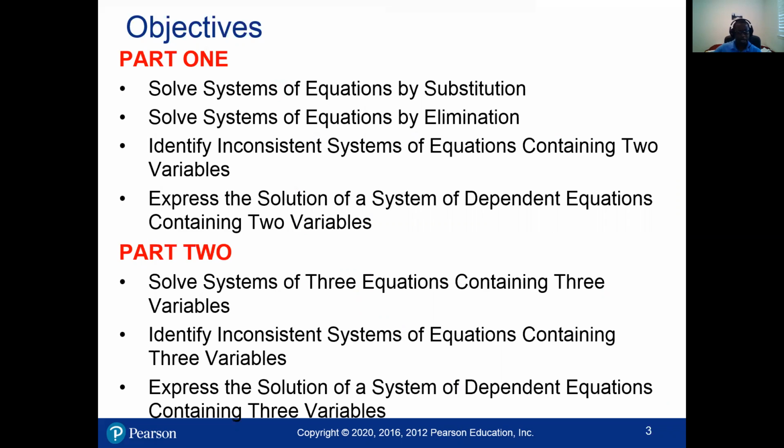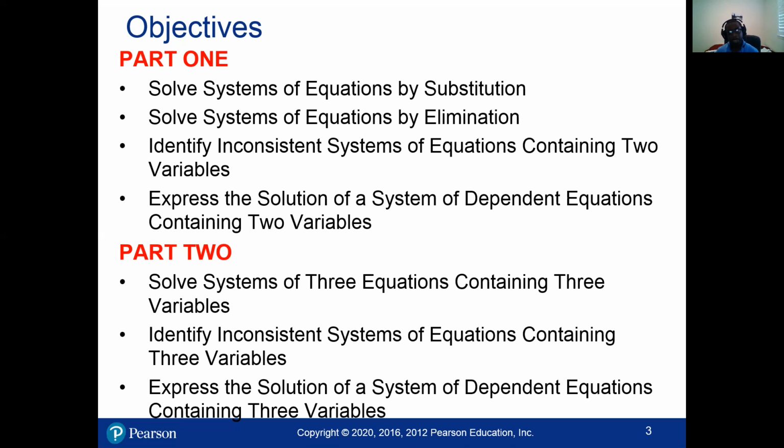In the first part, we will look at the following learning objectives: solving a system of linear equations by substitution and by elimination, identifying an inconsistent system of equations in two variables, and expressing the solution of a dependent system also involving two variables.